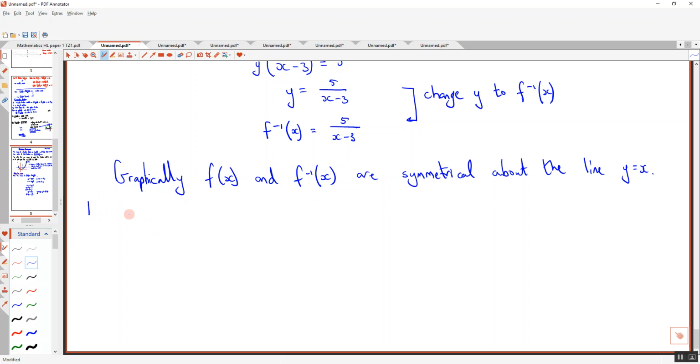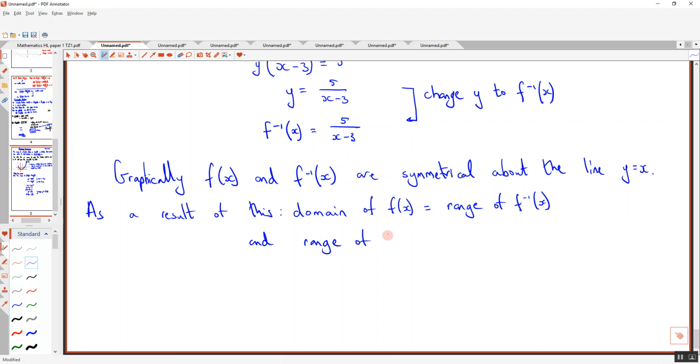And as a result of this, the domain of f of x equals the range of the inverse, and the range of f of x equals the domain of the inverse.